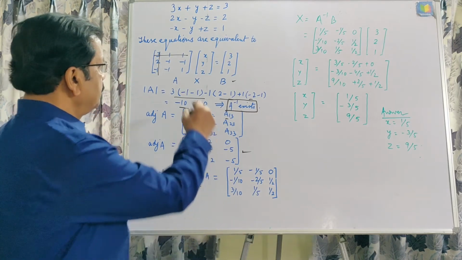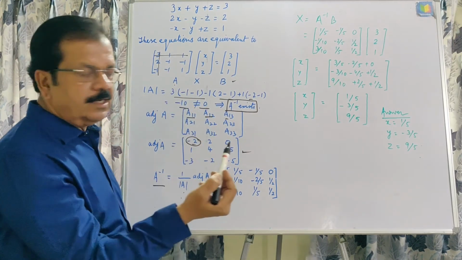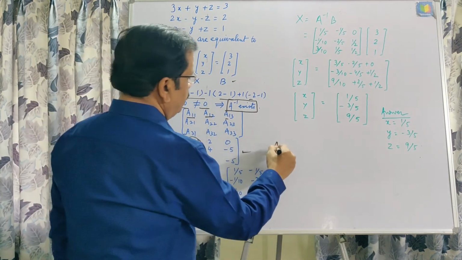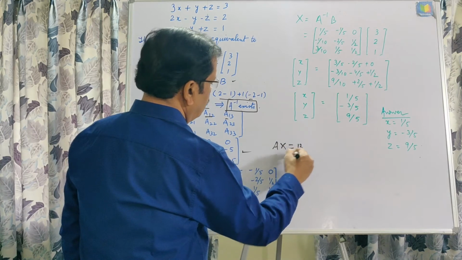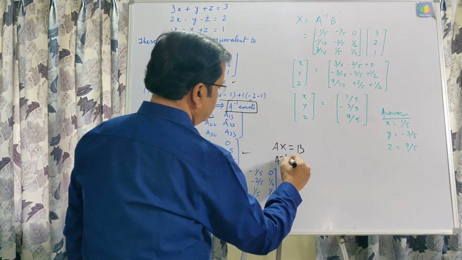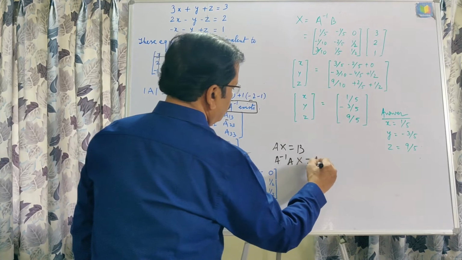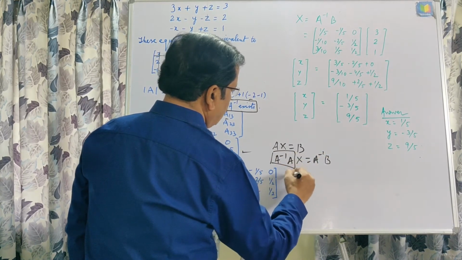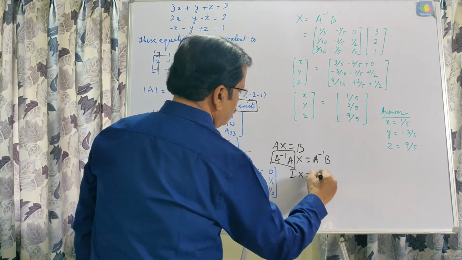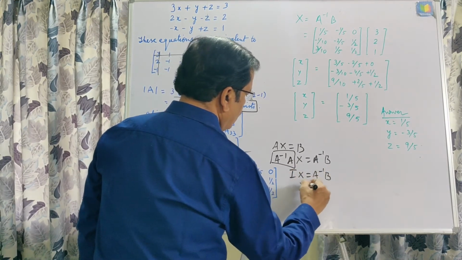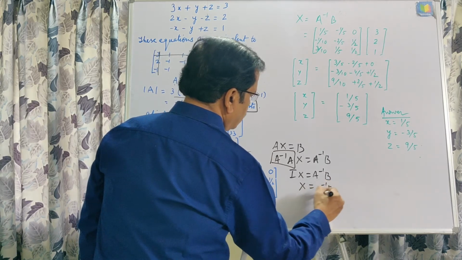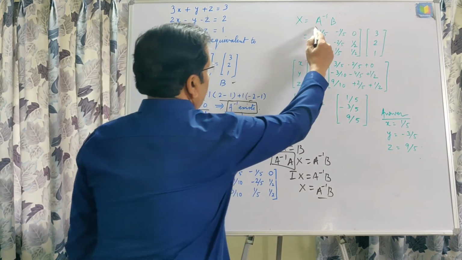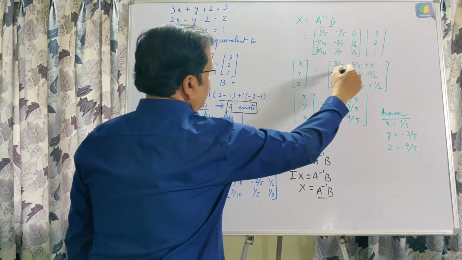Okay, then here as we have done earlier, that is multiplying A inverse with this, that is if AX is equal to B, then A inverse AX is equal to A inverse B, and this has become I, so X is equal to A inverse B. We already got here the A inverse, and then multiplying A inverse to B, we are getting the value.